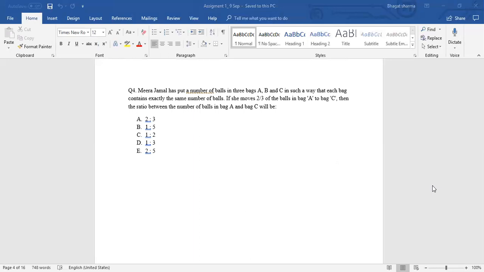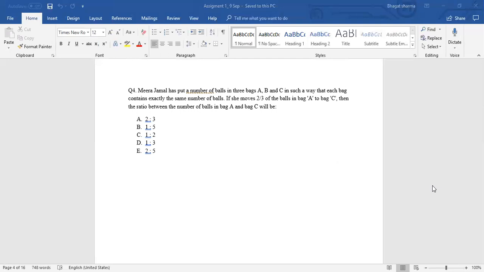Then 2/3 of A was moved to B. That means two balls out of A were moved to B. So the new value of A was 1. B remained 3 and C became 5. Okay, so 1 is to 5.